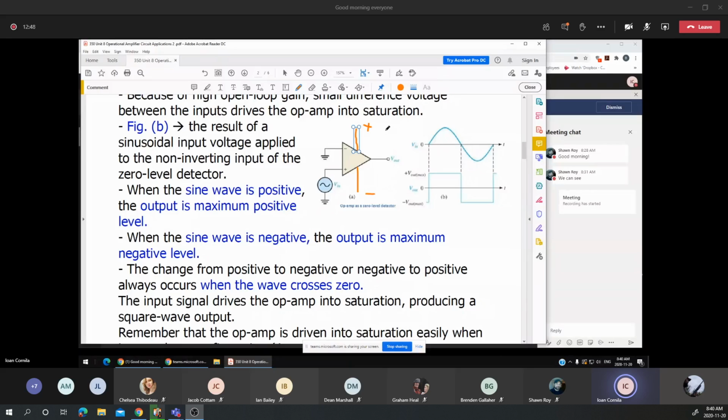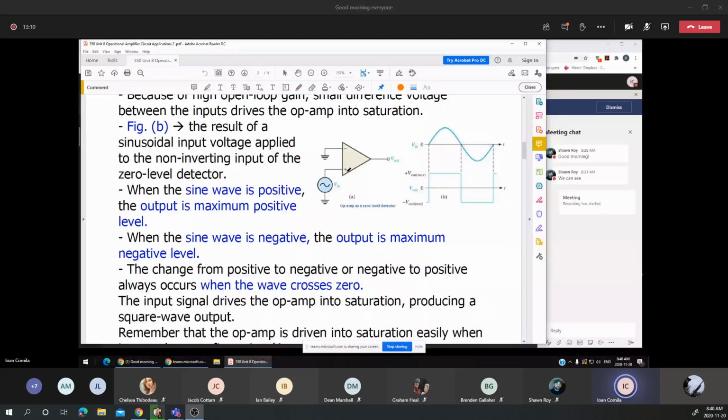Sometimes it can be 10 volts, 12 volts, 15 volts, 18 volts, 20 volts. Means that the output swing, or the maximum voltage at the saturation of the op amp, is based on the applied voltage to the op amp.